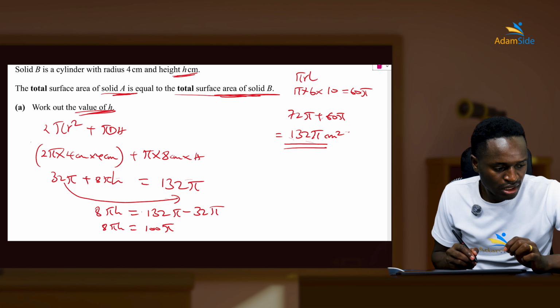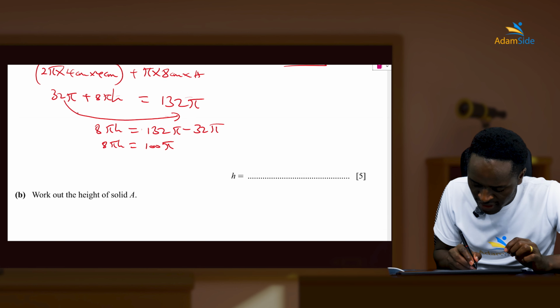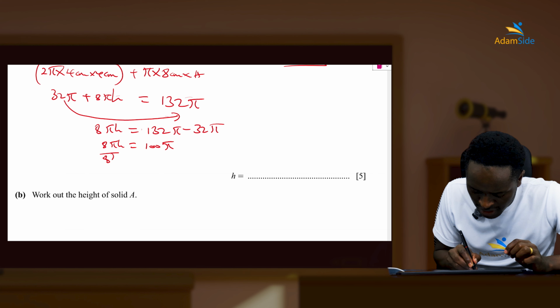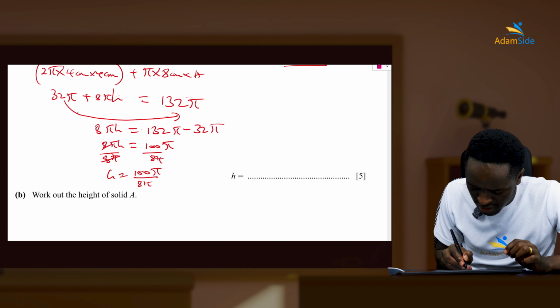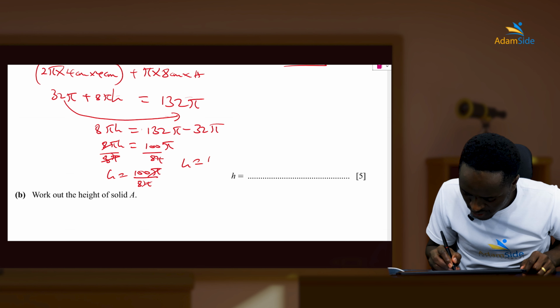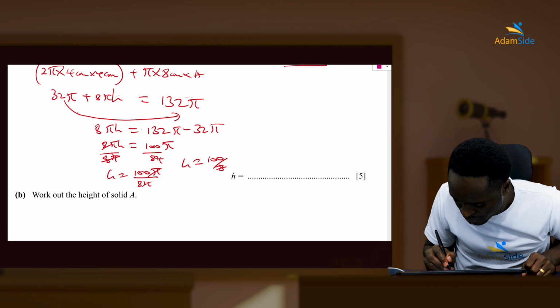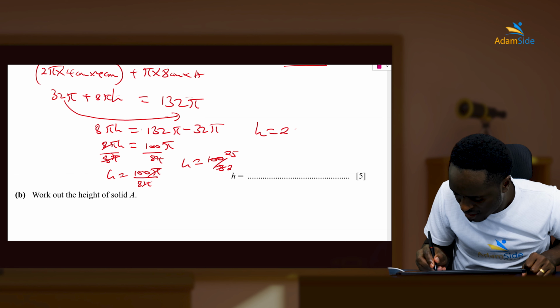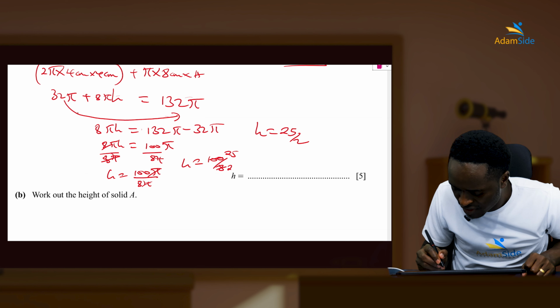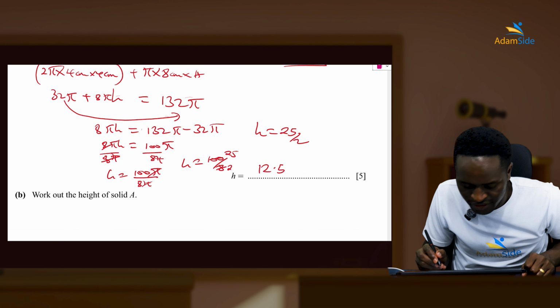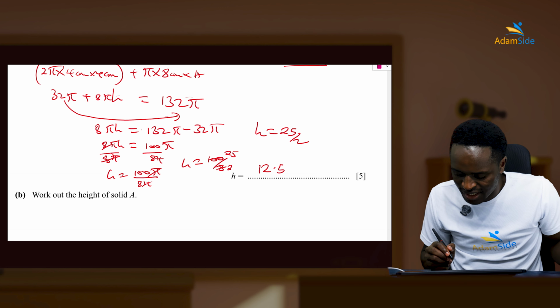Then divide by 8 pi to get the height. Height is 100 pi divided by 8 pi. The height is equal to 100 divided by 8. 4 into 100 is 25, 4 into 8 is 2. So the height is 25 divided by 2, which is 12.5. Correct. You get your answer as that.